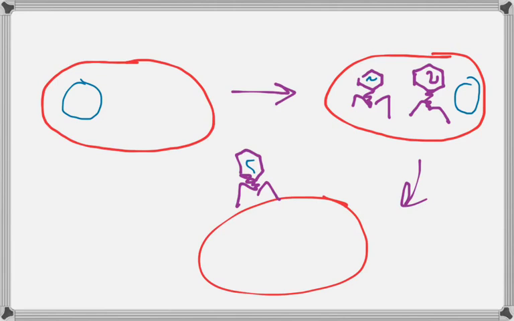The phage attaches, penetrates, and a new piece of DNA comes in. Again, if there is homology between that new piece of DNA and the host DNA, we might observe a recombination event, and now that gene has been moved from one bacterial cell to another.